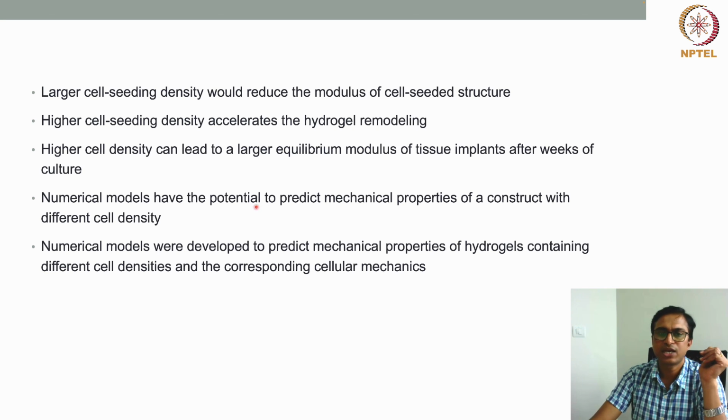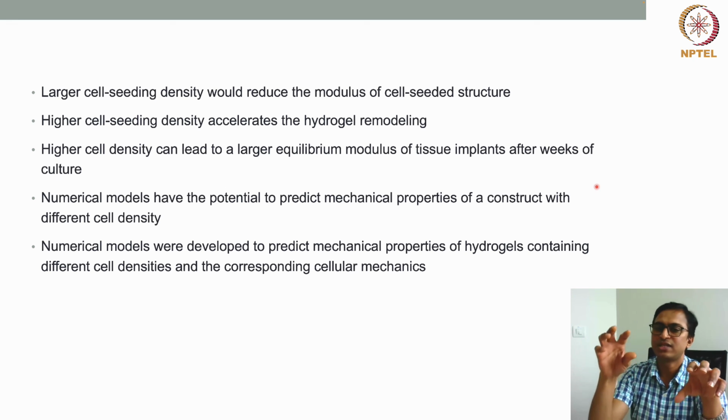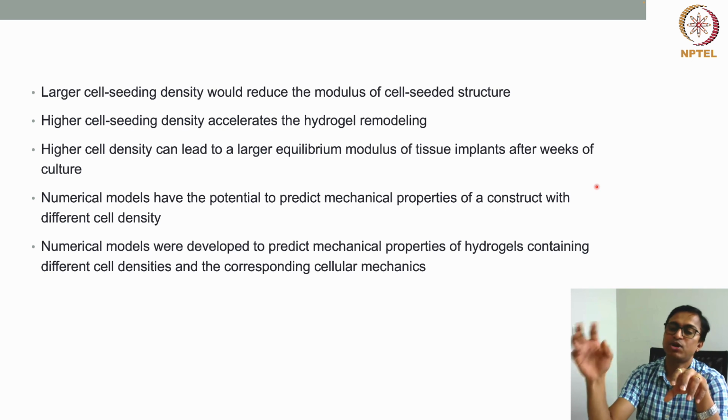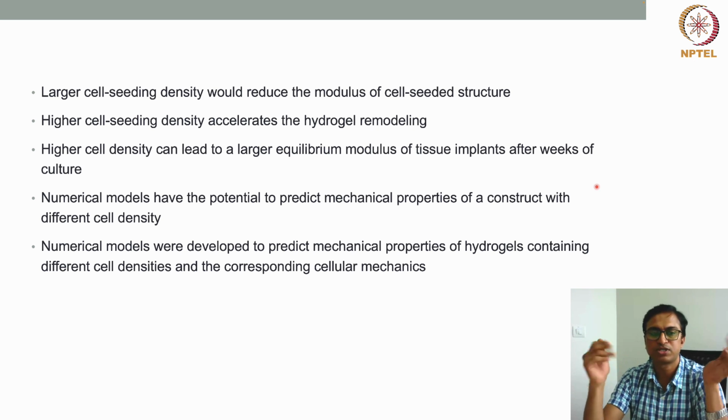But high cell density can also lead to a larger equilibrium modulus of a tissue after weeks of culture. Though initially the modulus of the structure with high cell density can be low, with time the high-density cells can remodel the matrix, and the modulus of your final tissue structure can be very high because of this remodeling process.